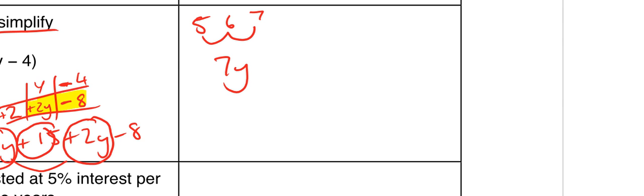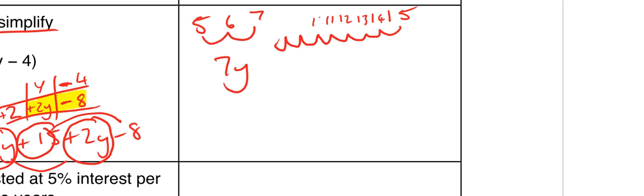And then my numbers without any y, 15 minus 8, so that's 7. I haven't gone past 0, so it's plus 7, and that's my answer.